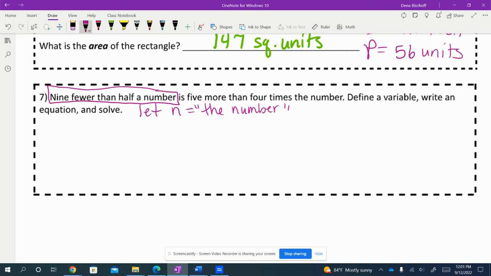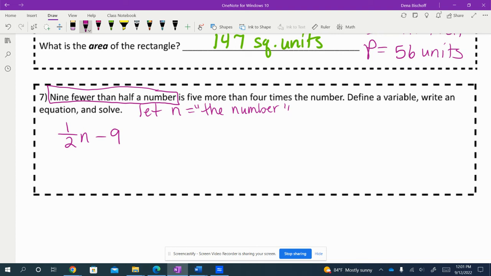Less than and fewer than makes me change the order. So half of a number minus 9 is how I show 9 fewer than half of a number. Remember less than, fewer than, that's the weird change the order, okay?